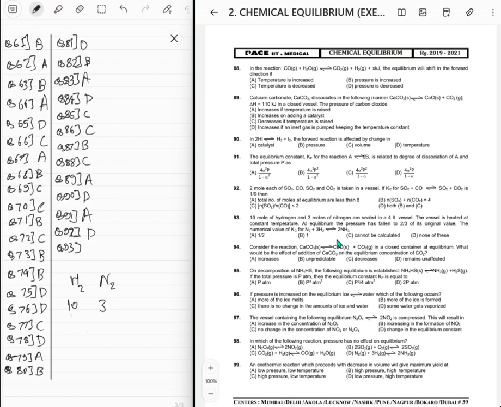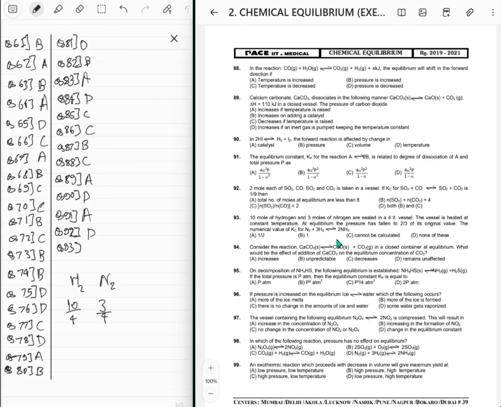So the concentration will be this thing. So pressure has fallen to 2/3. That just means the moles have become 2/3 of what they were.